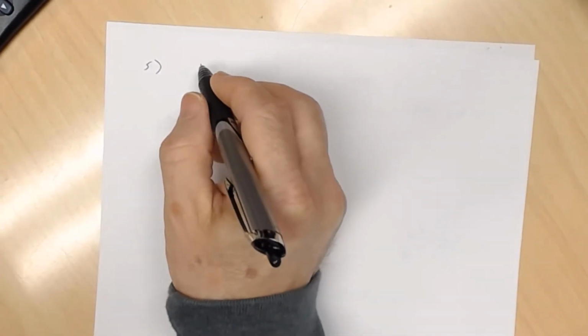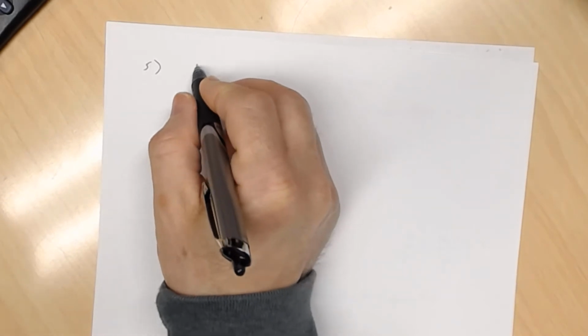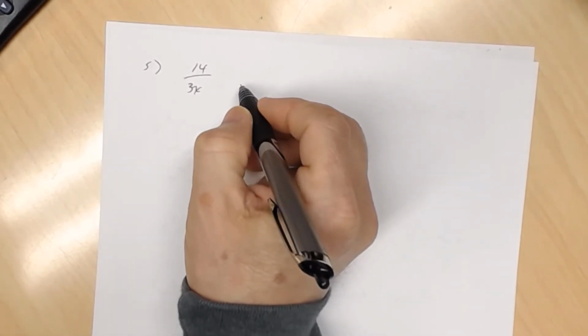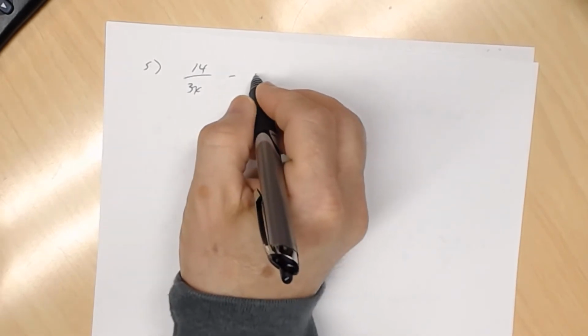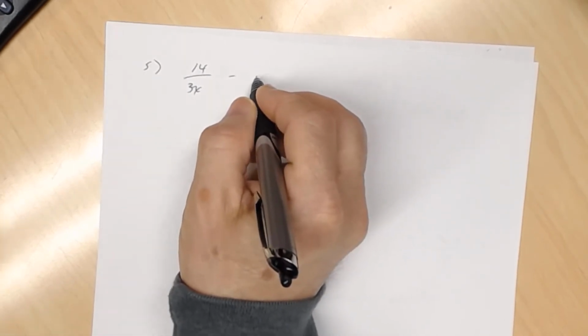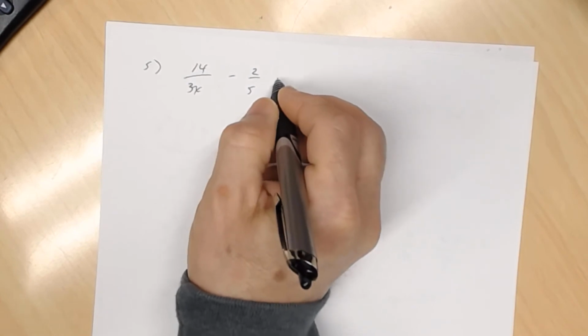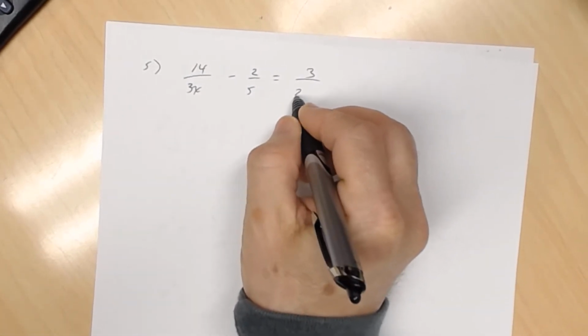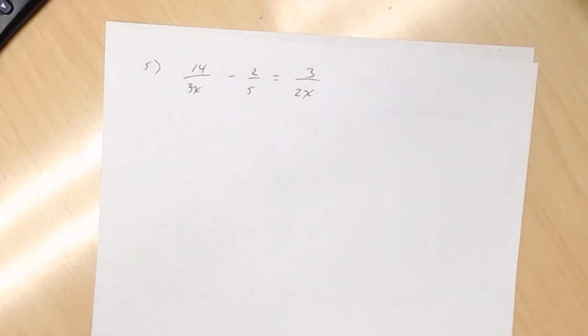All right, let's suppose we had, and this will be number 5, 14 divided by 3x minus 2/5 equal 3 divided by 2x. So 14 divided by 3x minus 2/5 equals 3 divided by 2x.